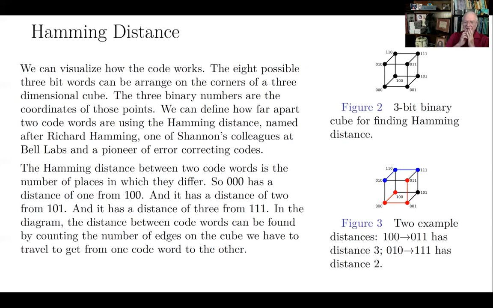However, the distance tells you how likely an error could occur. So if you start with 000, then a distance 1 gives you a 1-bit error.